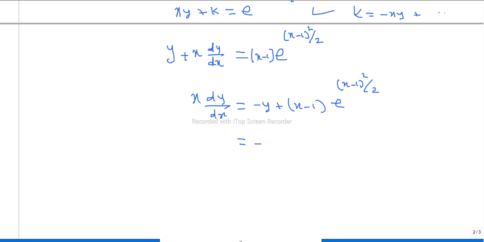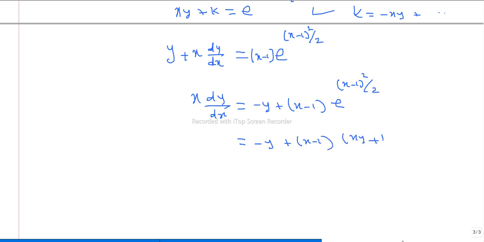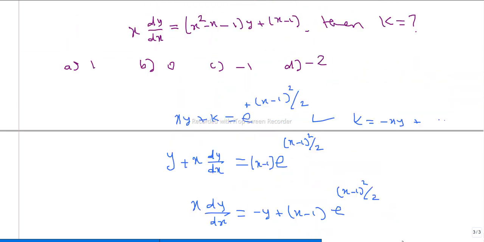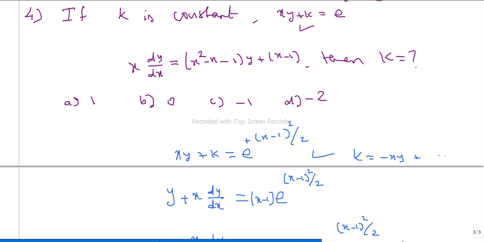Therefore minus y plus (x minus 1) into this value, which is nothing but xy plus k. Just multiply: minus y, x into x gives x square y, x into k is kx, and then minus 1 into xy gives minus xy minus k. The right hand side is already given in the problem.